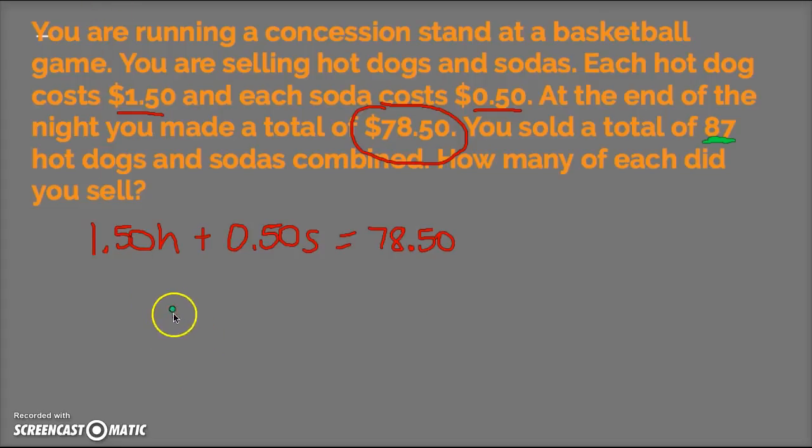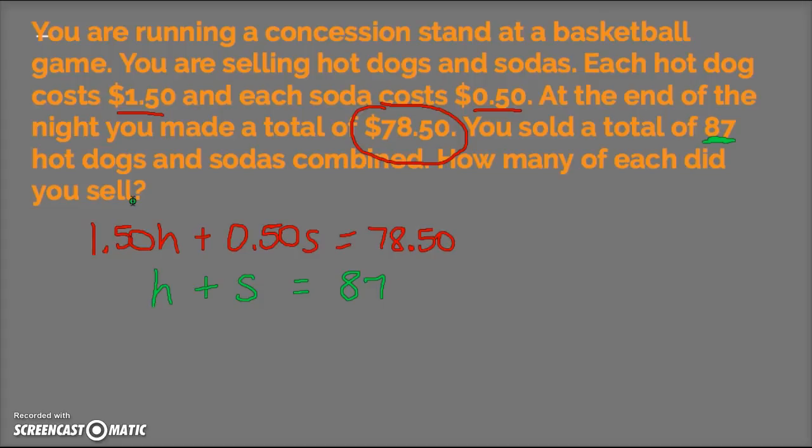But what we know is that the number of hot dogs that you sold plus the number of sodas that you sold has to equal 87, because you sold a total of 87 items. And like I said before, we're not going to worry about figuring this out right now. All I want to focus on is getting the system set up. So we have two equations. Here is our system for this problem.